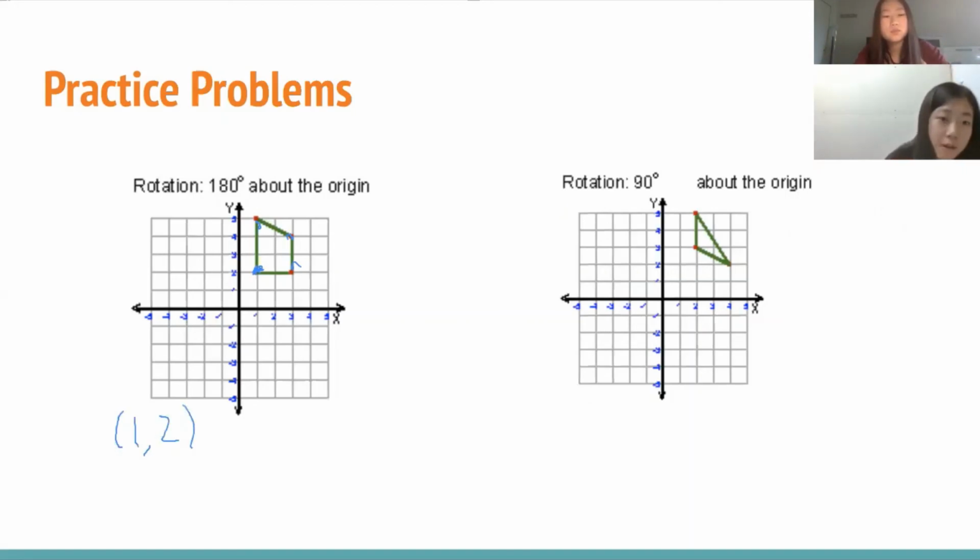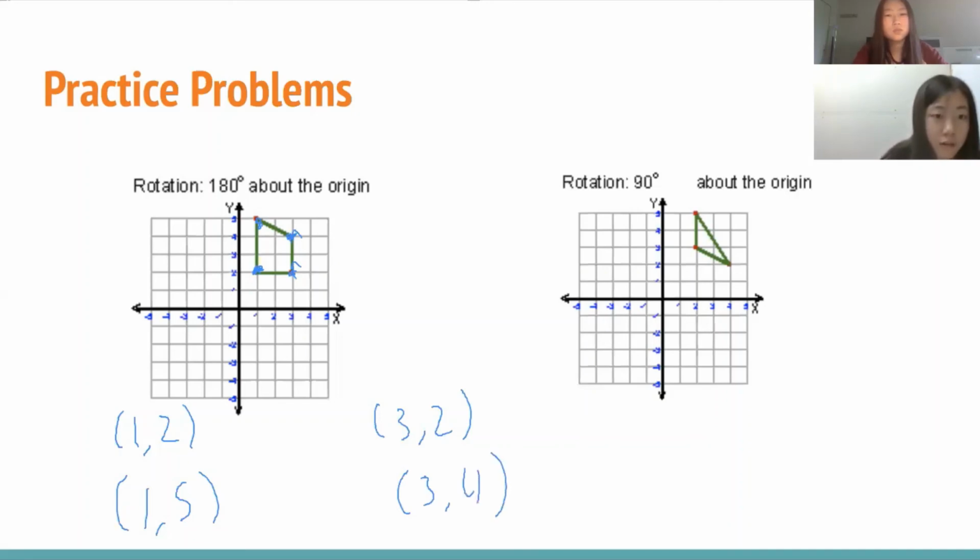The second point is 1, 5. The third point is 3, 2. And the last point is 3, 4.